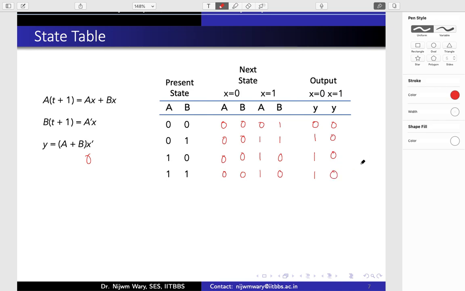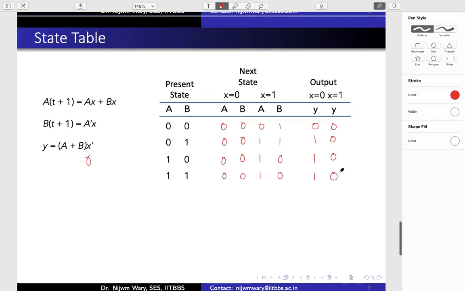Okay. So this is another way of writing the state table. Of course, in this case, if the number of inputs is large, if I have 3 or 4 inputs, representing this form may be difficult because my number of columns will be expanding.